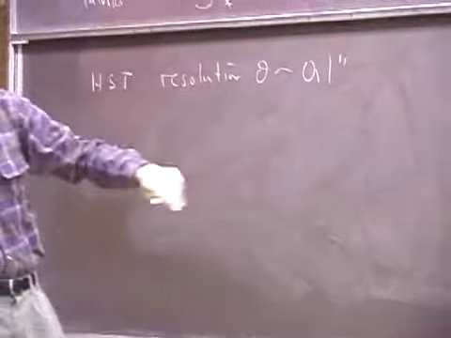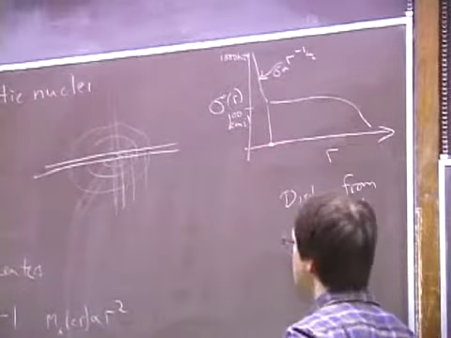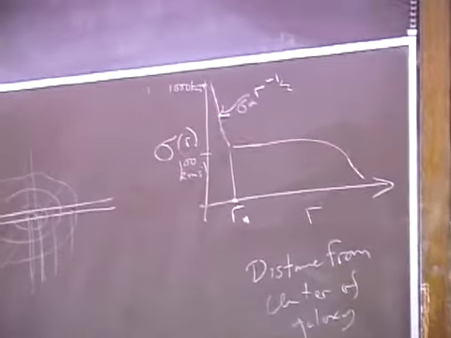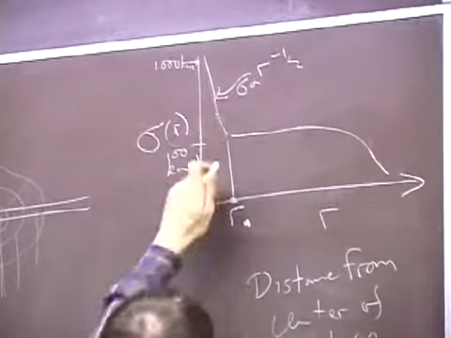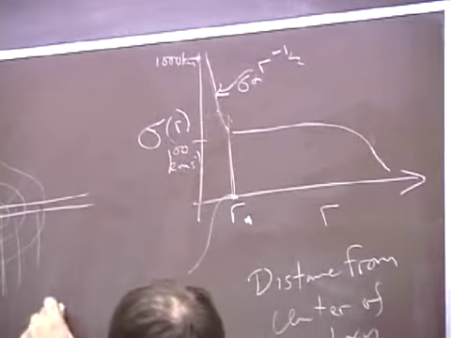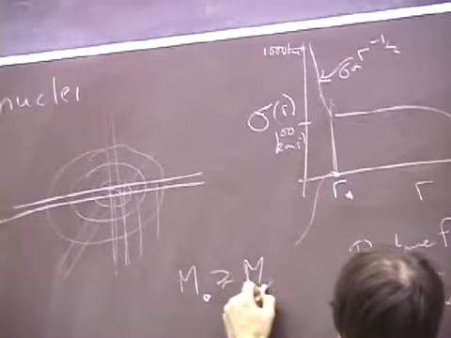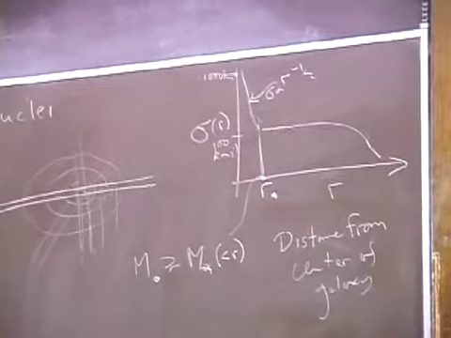So we're clearly only going to be able to see this rise if we can see into the radius, let's call it r black hole, where the mass in the black hole becomes greater than the mass in stars interior to radius r.